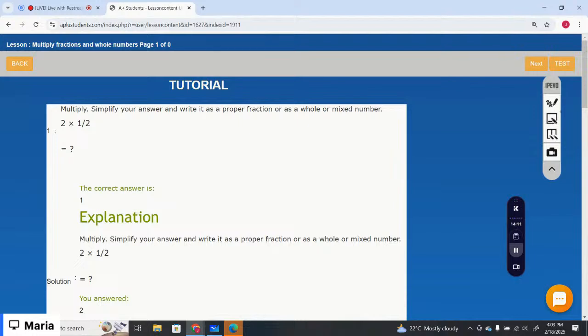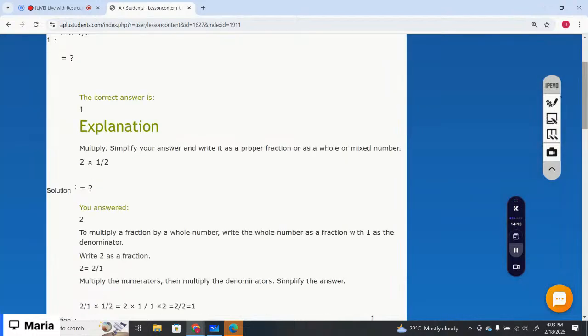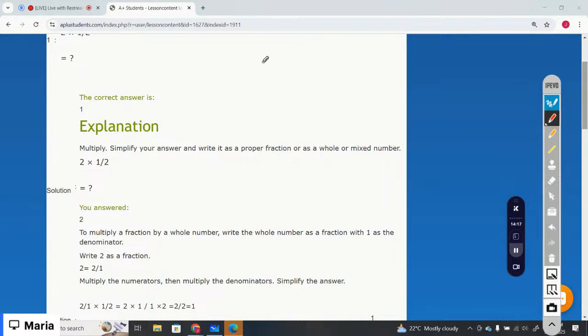You have to do 2 times 1 over 2, right? So 2 has the denominator 1. Multiply numerator times numerator, 2 times 1 is 2, and denominator times denominator, 2 times 1 is 2.